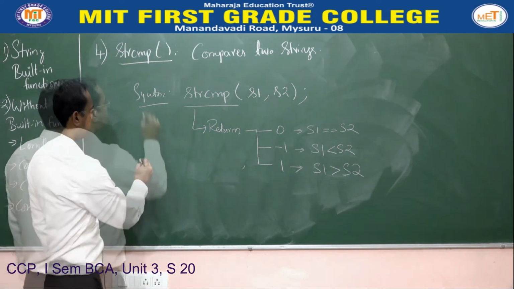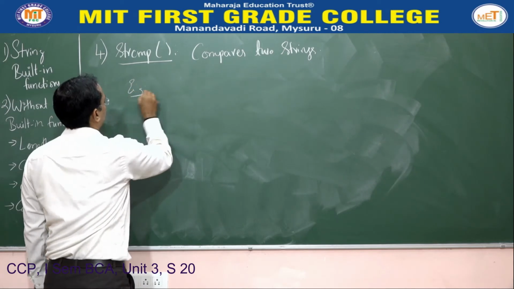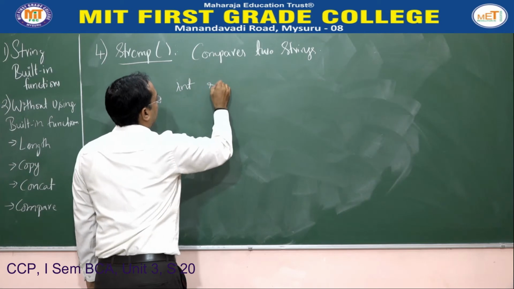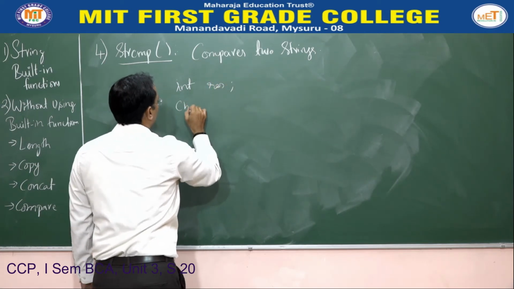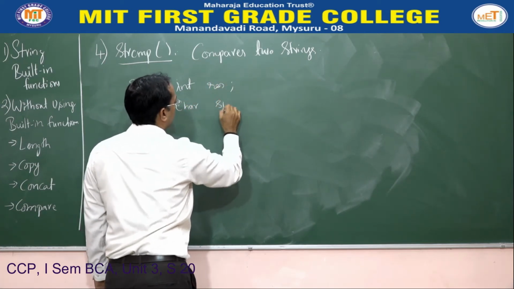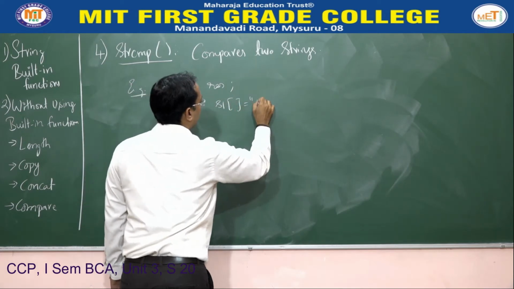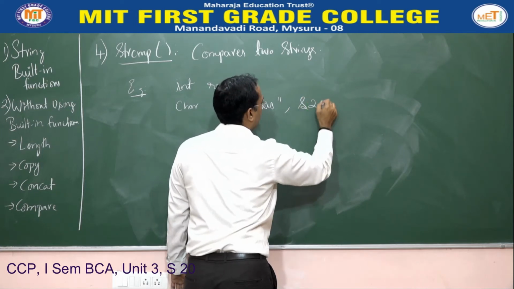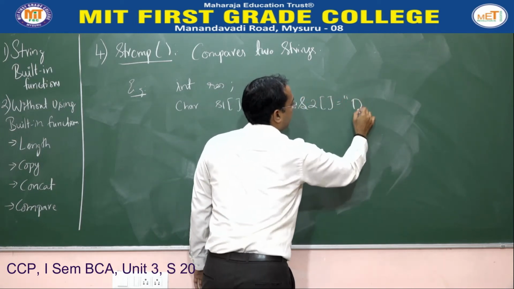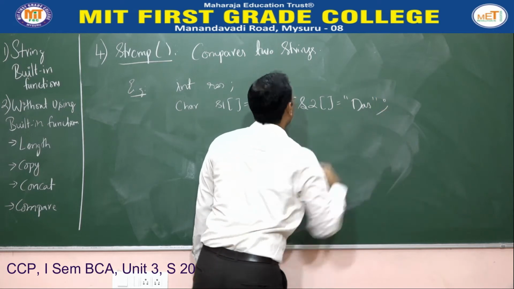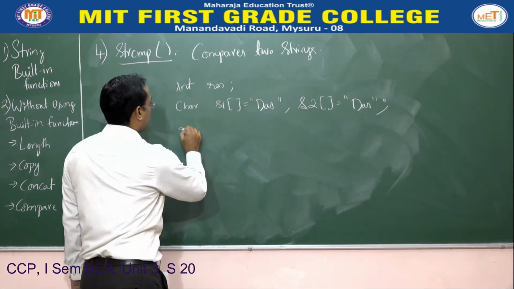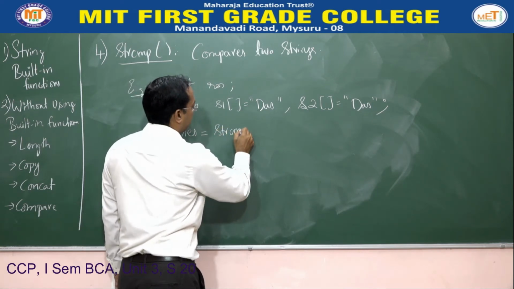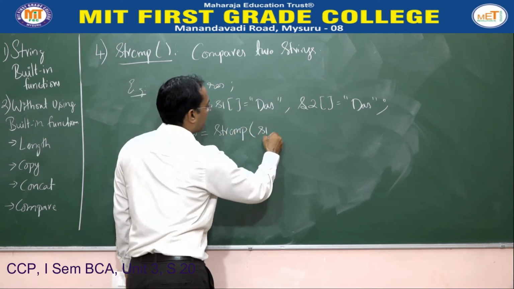Let's see an example. Int result; char S1 is equal to "Das", S2 is also initialized as "Das". Now I will say result is equal to strcmp S1 comma S2.